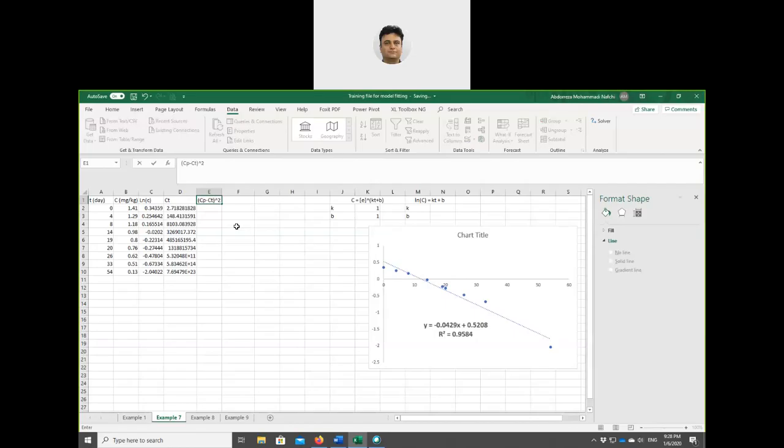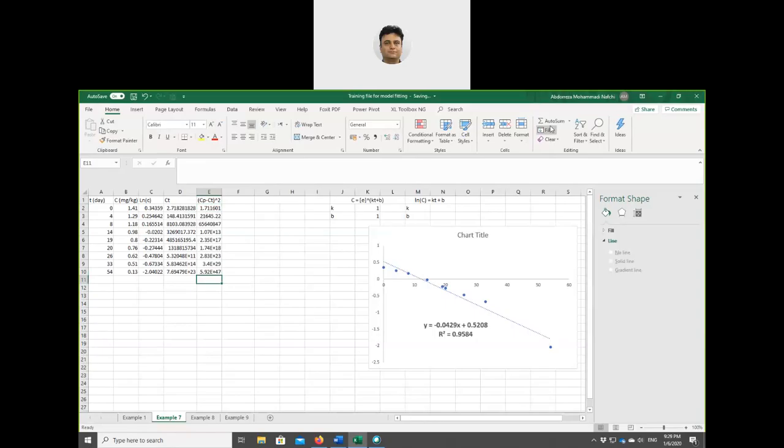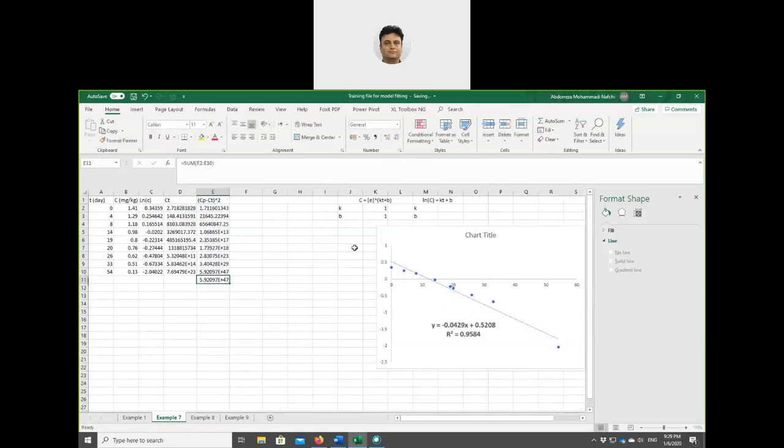We need to deduct the practical one minus the theoretical one, and then make the summation. CP minus CT, and then power 2. This one needs to come here. And then we need to sum this one.